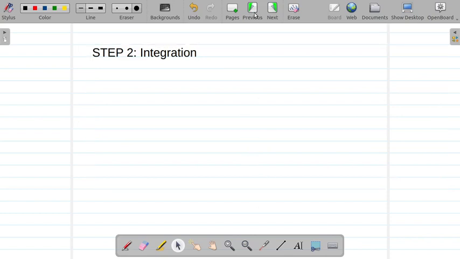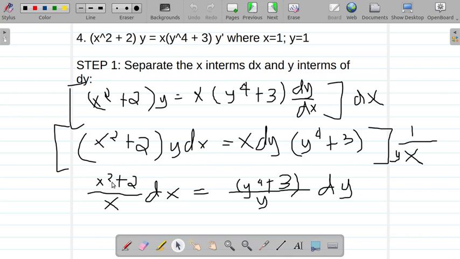As you can see, kung inyong manotice, x squared plus 2 over x, pwede ni nato siya i-decompose. So, integral of x squared over x plus integral of 2 over x dx is equals sa integral of y to the power of 4 over y dy plus integral of 3 over y dy.